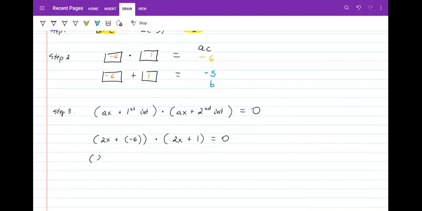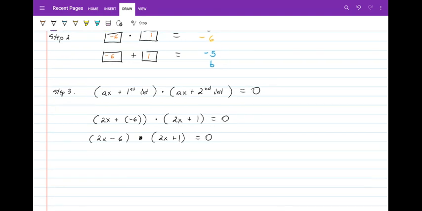Simplify that. So this is just 2x minus 6 times 2x plus 1 equals 0. And this is the situation which I was talking about. a is not equal to 1.